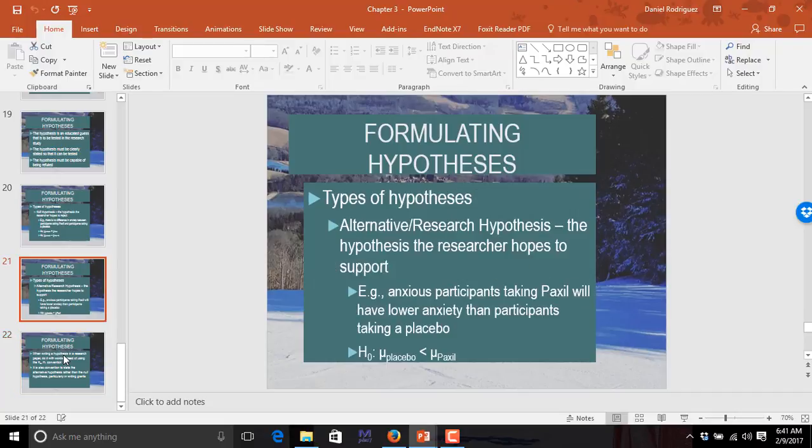We can have our alternative being that, as it is here, anxiety in the placebo group would be lower than anxiety in the... I think I have this backwards. This here, anxious participants taking Paxil will have lower anxiety. Actually, yes. But this should be backwards, so let me fix this for you all. Okay.